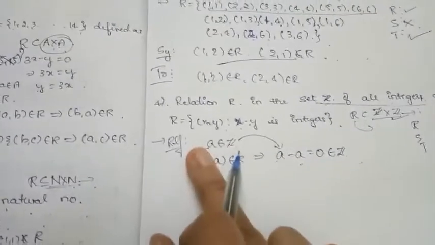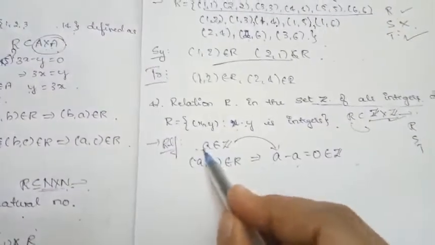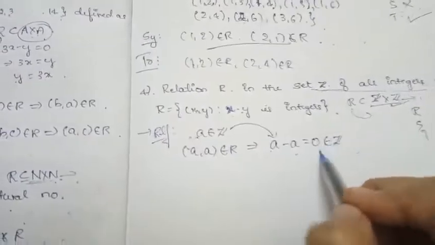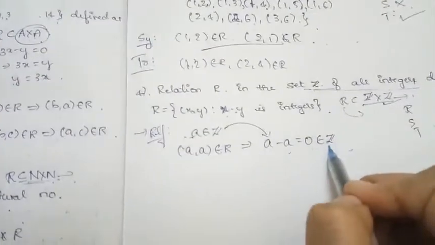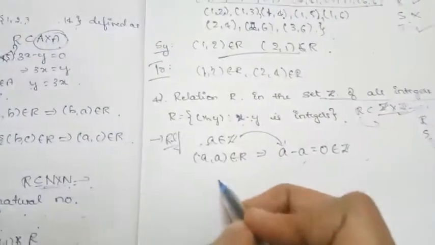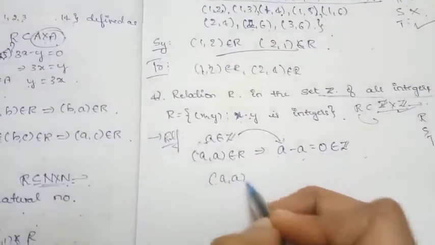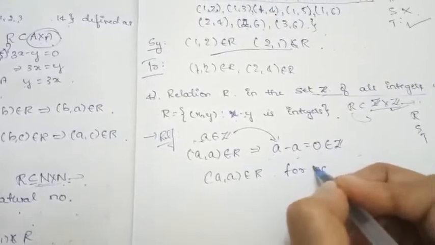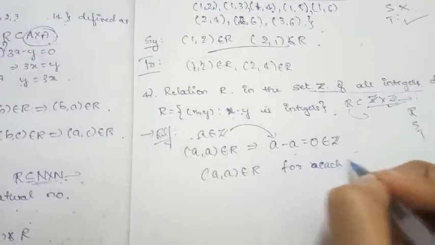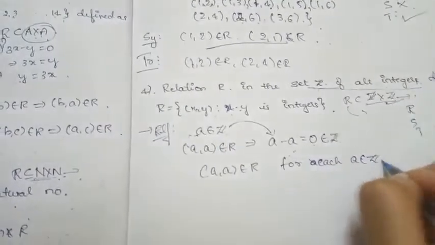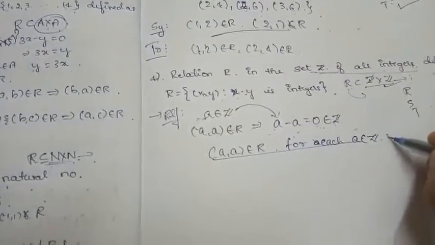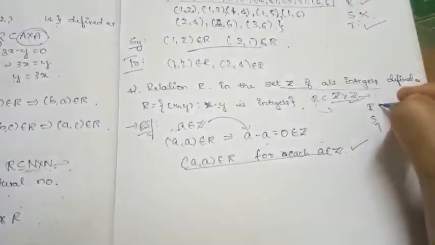If I subtract a taken integer from itself, we get 0, which belongs to the integers. So we can say (a, a) belongs to the relation for each a belonging to the integers. If it is satisfying this, it is a reflexive relation.